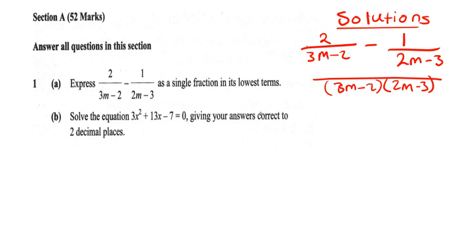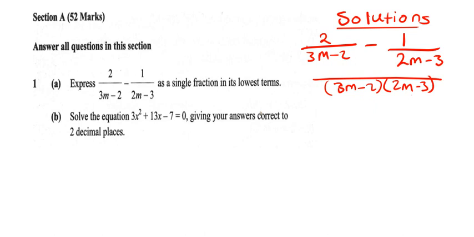So you just divide that into this, and then whatever you're going to remain with, you multiply it by the numerator there. So in this case, when we divide 3m minus 2 into this, we are going to have 2m minus 3.